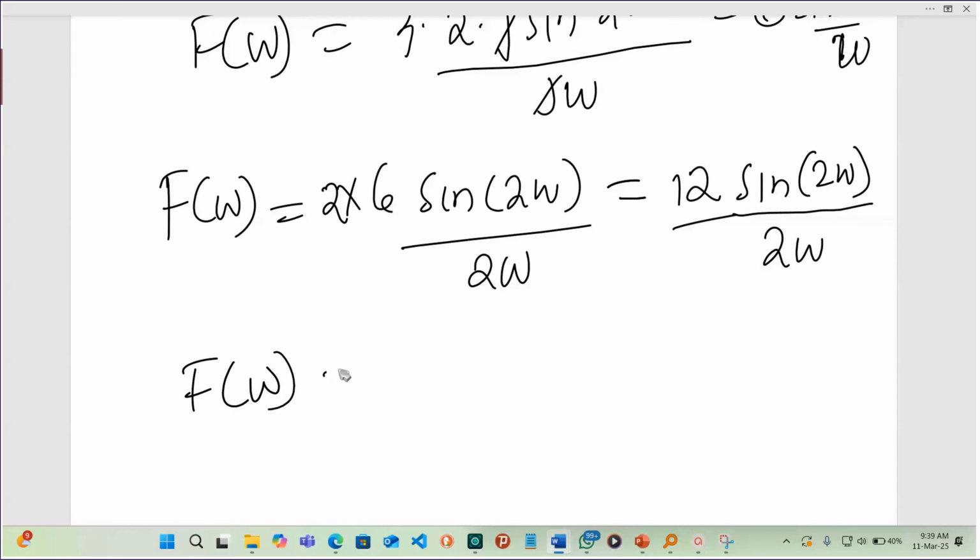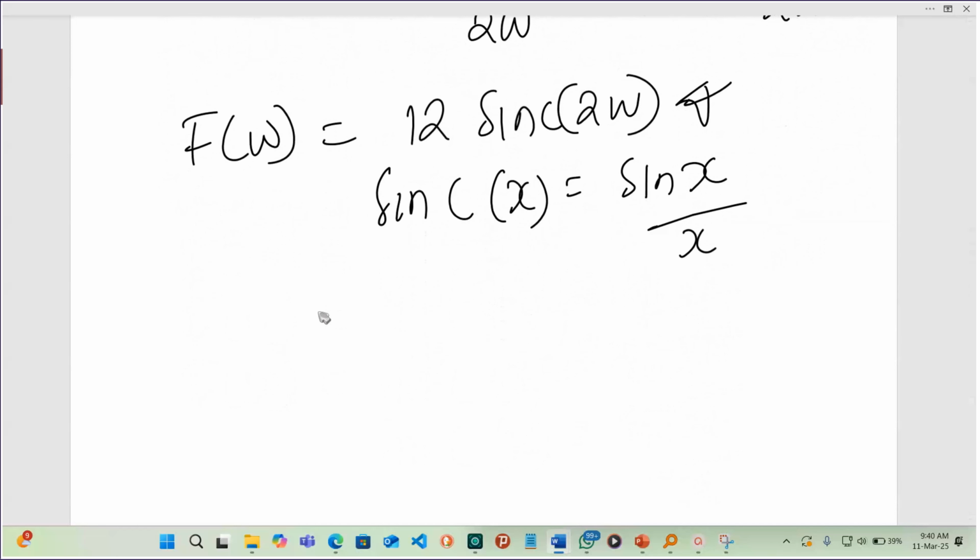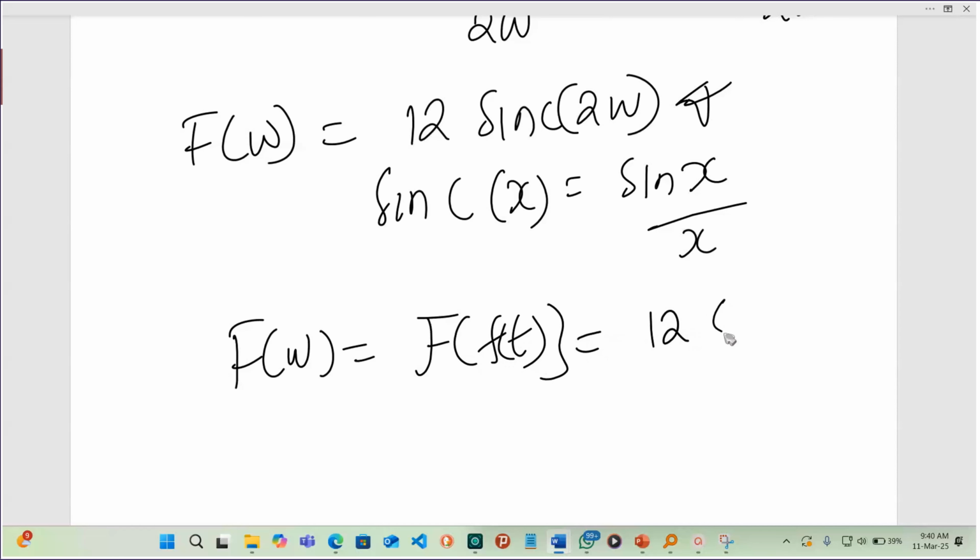So this Fourier transform becomes 12 times sinc of 2 omega, because the sinc function, for example, sinc of x is equal to sine of x divided by x. So replace x with 2 omega, and the solution becomes like that. So F of omega, which is equal to the Fourier transform of f of t, will become 12 sinc of 2 omega, and that is the solution.